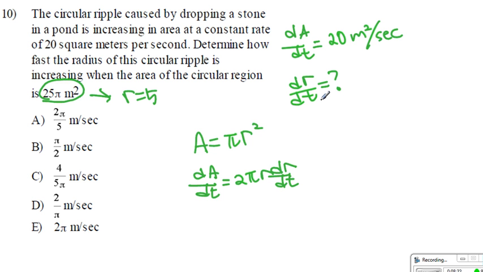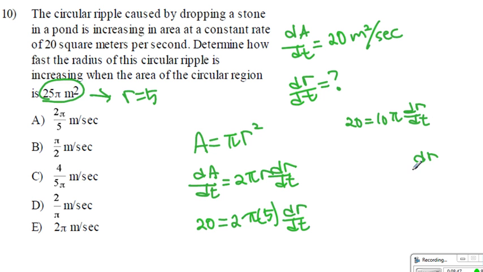So as you plug in the values that we know of, here we have dA/dt equal to 20, which is equal to 2 times pi times r, where r equals 5, times dr/dt. Then we realize 20 is equal to 10 pi dr/dt.